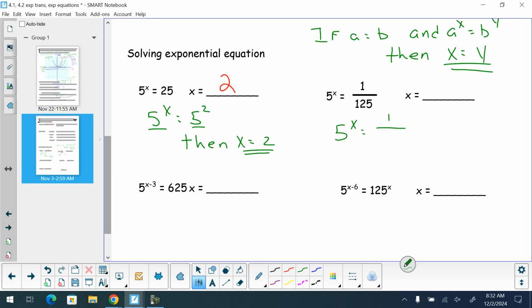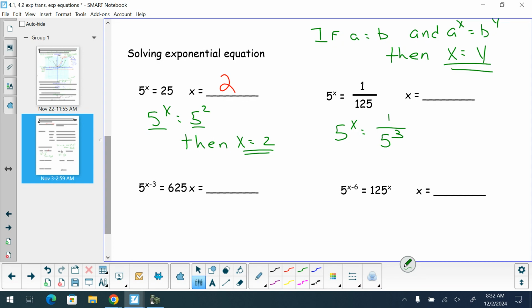Well, if I take a look at 125, we can write it as a base of 5 to what power? Third power. Well, we get to review our idea of exponents here.